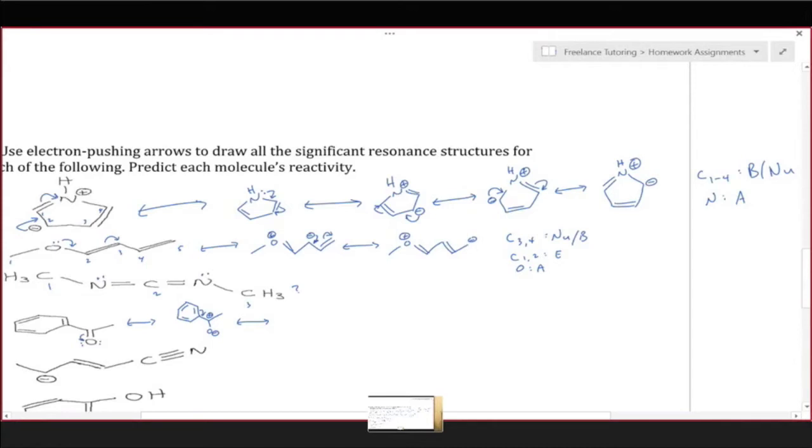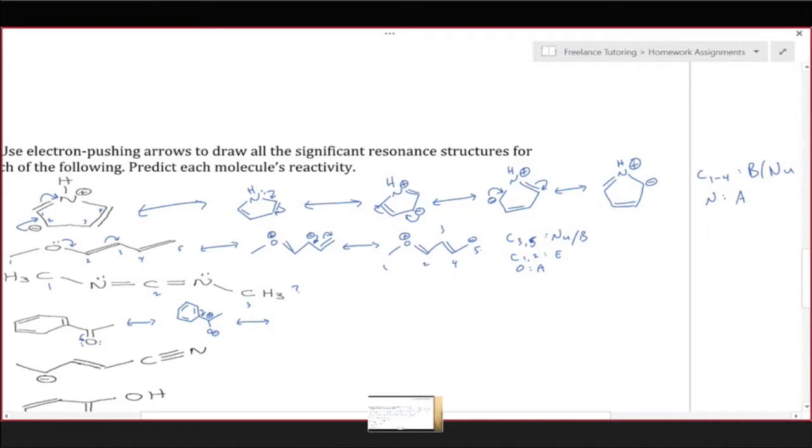Okay, good. That might have happened because you didn't keep copying the numbers into the other pictures. So we've seen that it's often a good idea to number all the pictures. By putting in those numbers, it was easier to apply them. All right, so 3 and 5 are nucleophilic and basic. Let's see. Carbon 1 is electrophilic.